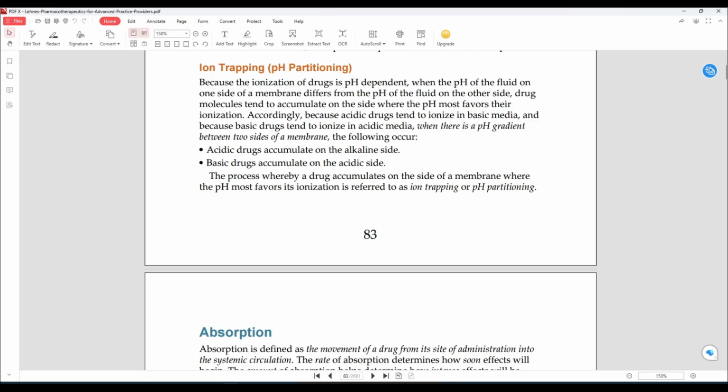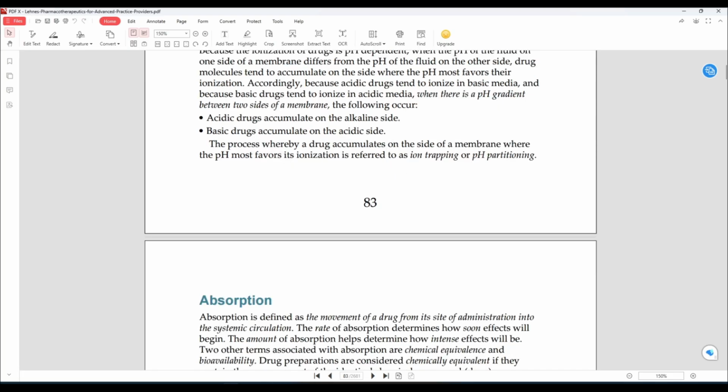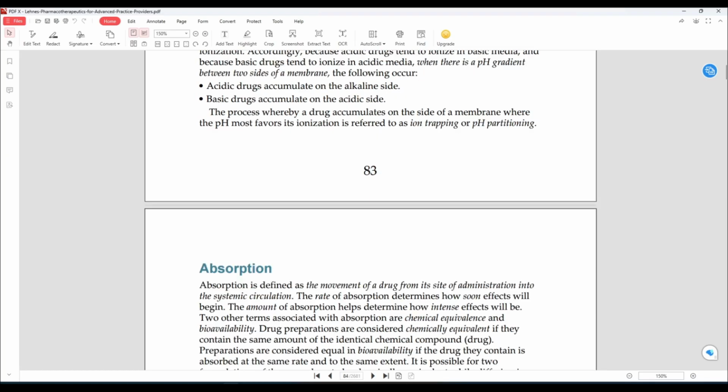Accordingly, because acidic drugs tend to ionize in basic media, and because basic drugs tend to ionize in acidic media, when there is a pH gradient between the two sides of the membrane, the following occurs. Acidic drugs accumulate on the alkaline side, and basic drugs accumulate on the acidic side. The process whereby a drug accumulates on the side of the membrane where the pH most favors its ionization is referred to as ion trapping or pH partitioning.